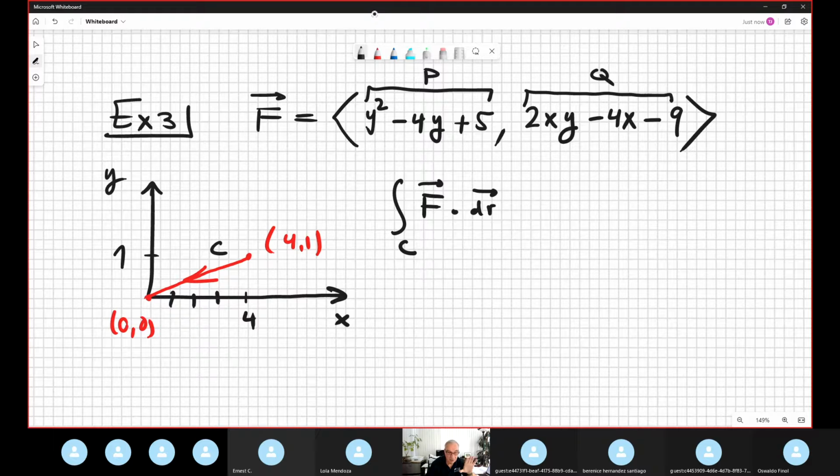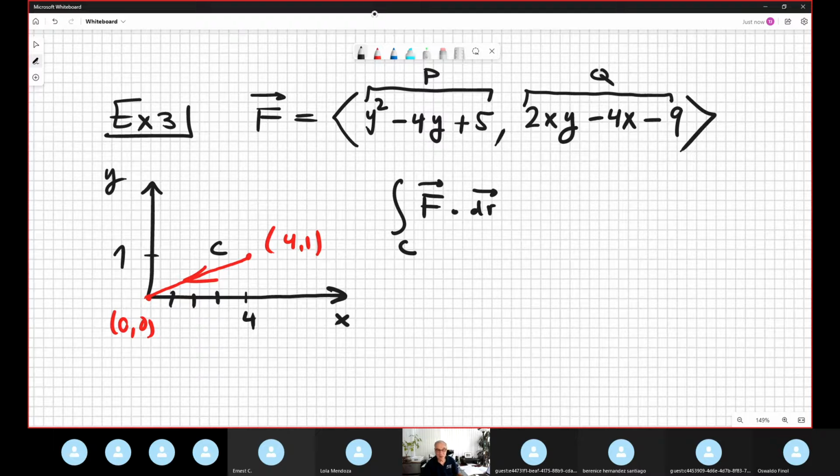I want to compute everything in this, circulation, flux, both. So now I can use in this case the natural parametrization because it's a line segment. If it were a circle or semicircle, there's a cosine, sine. In this case, no.